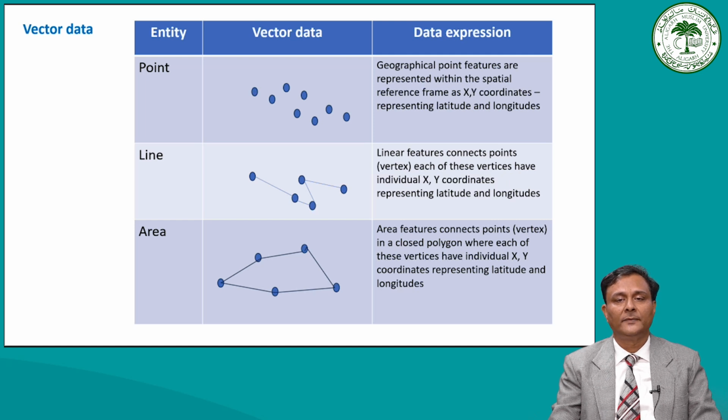And the polygon is a closed area specified by a polyline having the same starting and ending point. So you can see in this diagram how vector data can be represented in the form of point, line, and area. And all the vertices have specific XY coordinate locations which represent the ground coordinates.